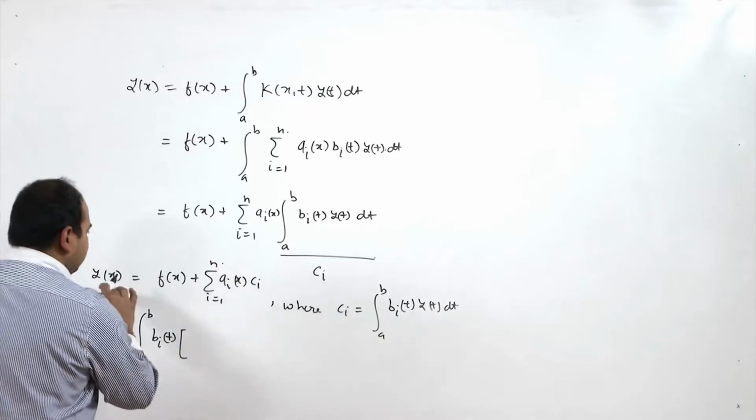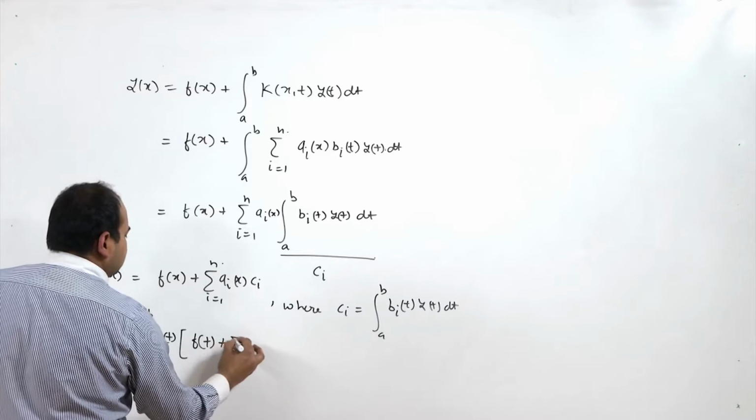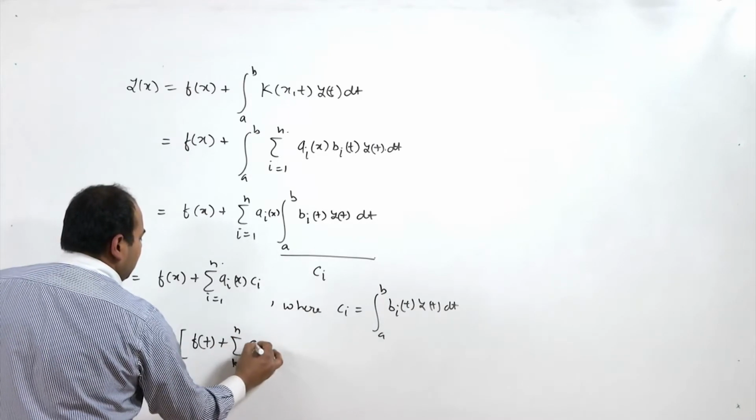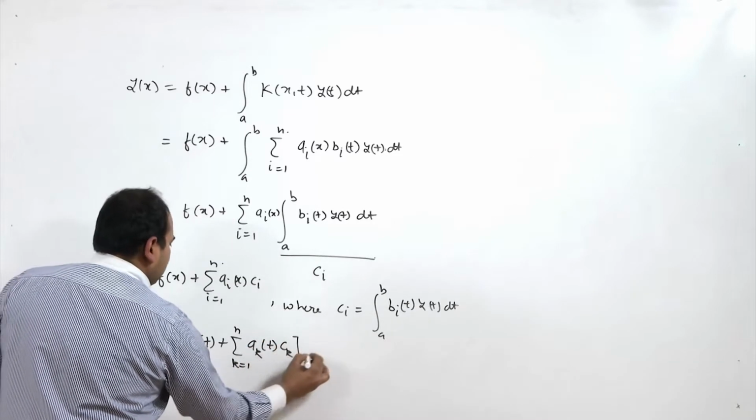Now in place of y(t) I am writing f(t) plus the summation, taking k equal to 1 to n, of a_k(t) c_k, dt.